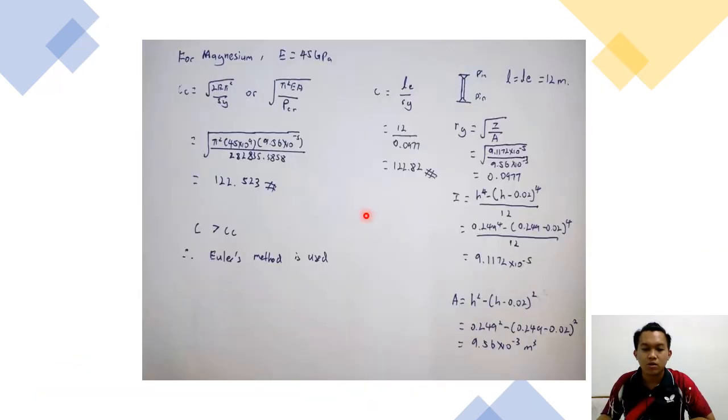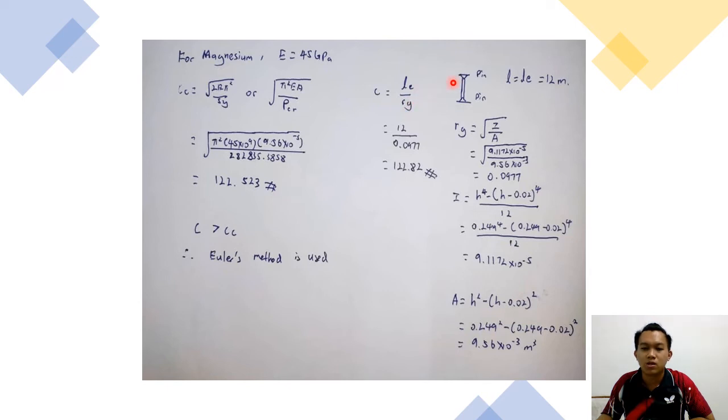To prove that the Euler method is used for these calculations, we have to find and compare the value of slenderness ratio C and critical slenderness ratio CC. For C, we have to identify the values of Le and Rg.